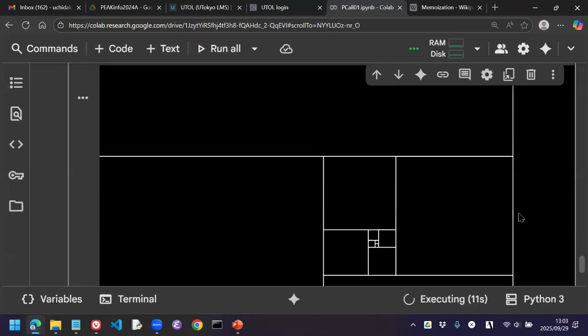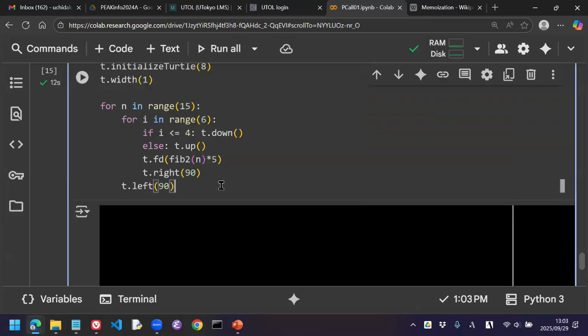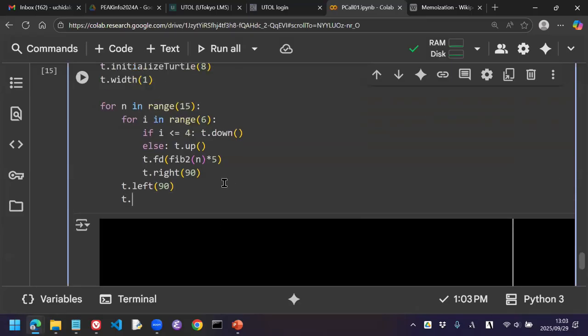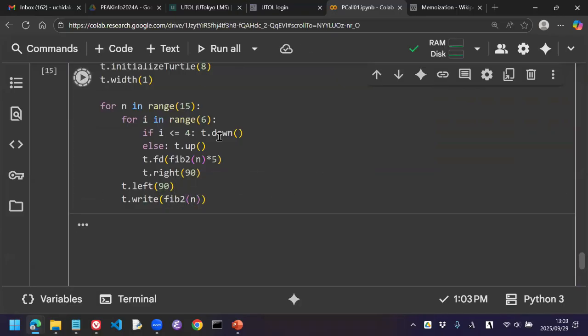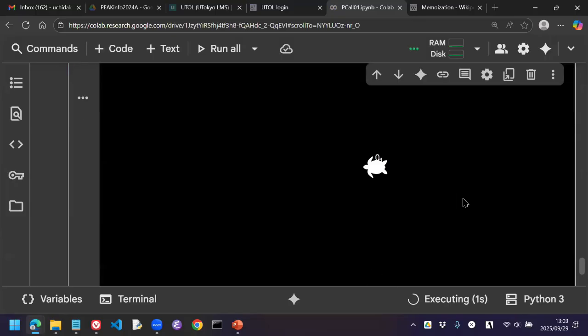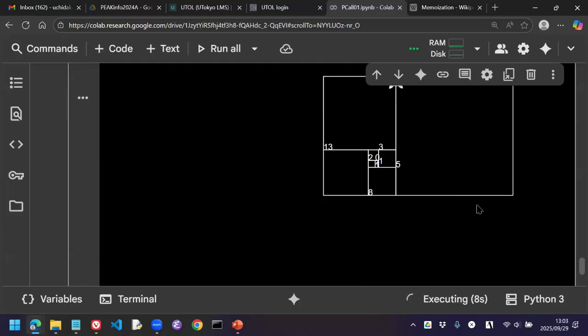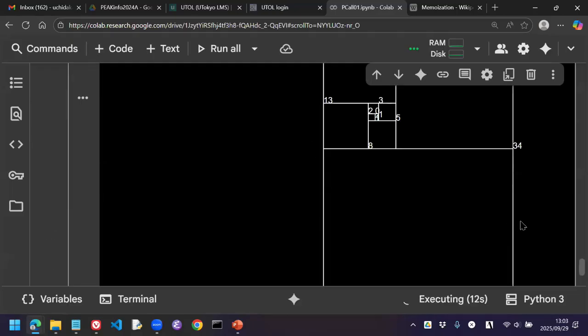Yeah, okay. Maybe we can write the value at the corner to see which number is which. So 1, 2, 3, 5, 8, 13, 21, 34.